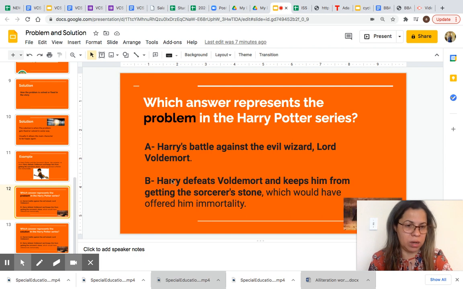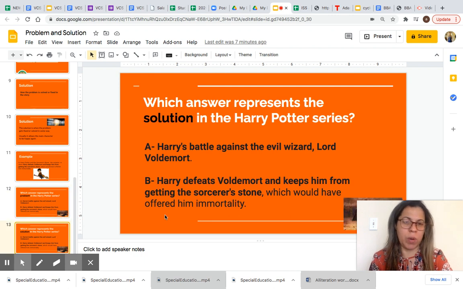Which one here represents the problem? Remember, problem is something that needs to be solved in the story. Which one here needs to be solved? A or B? Pause this video, read it again, and point to the correct answer.